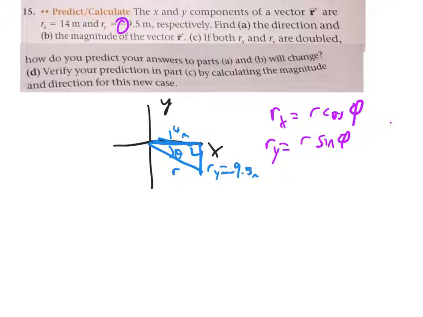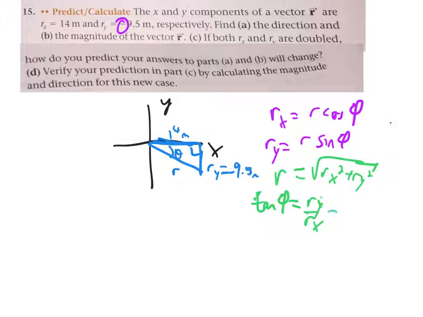And then we can see that this gives us similar truths, because we get that r is still the square root of r_x squared plus r_y squared, and we get that the tangent of phi is r_y over r_x, because tangent is always sine of the angle over cosine of the angle. And the nice thing here is we don't have to figure out who's associated with cosine and who's associated with sine. It's always x associated with cosine and y associated with sine.